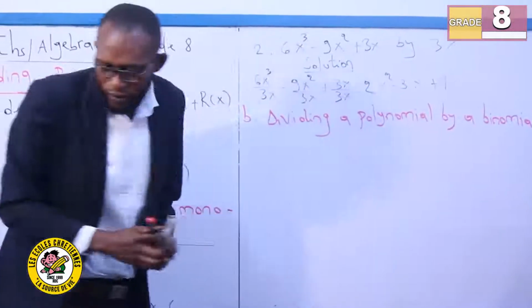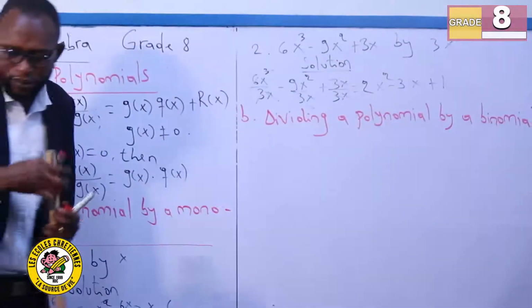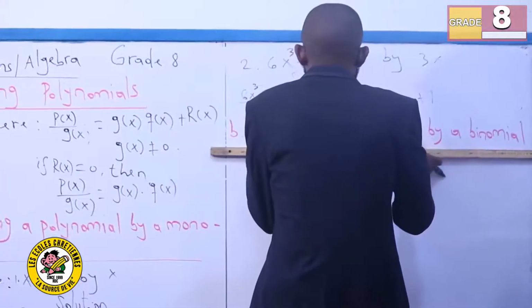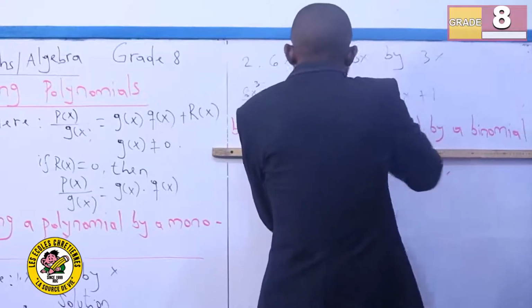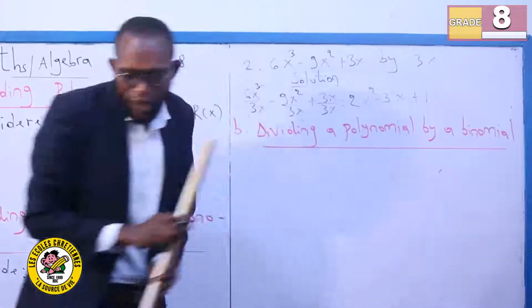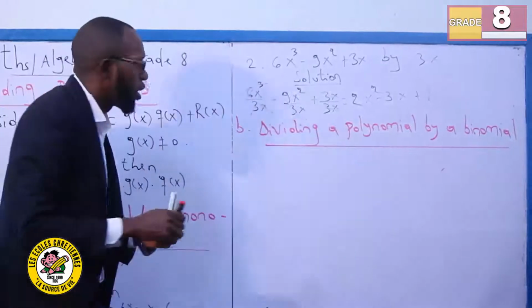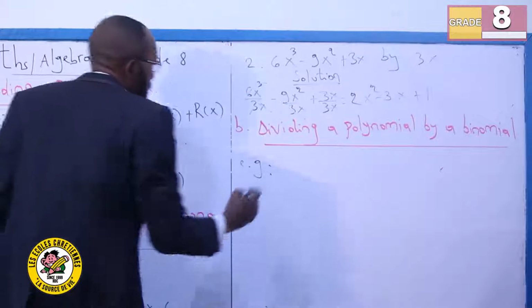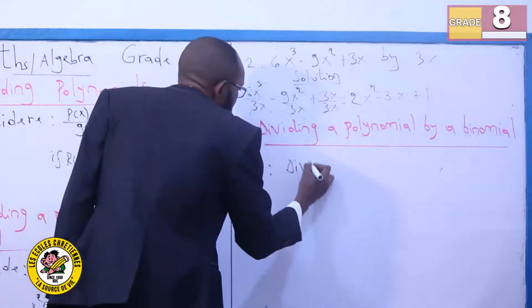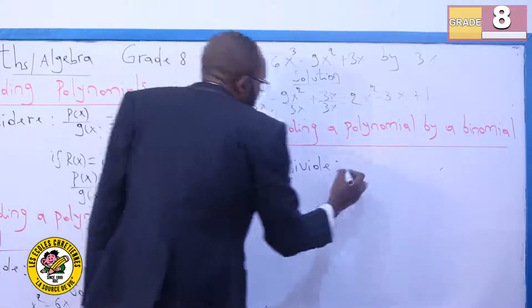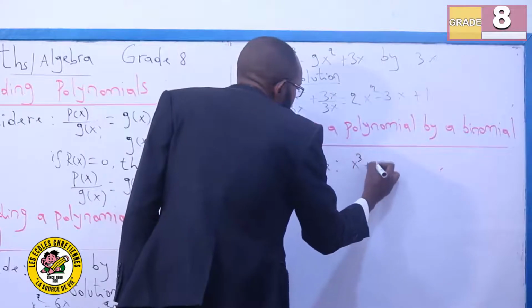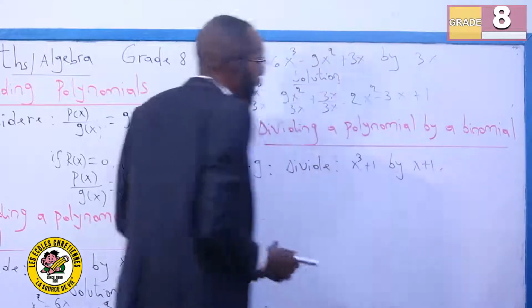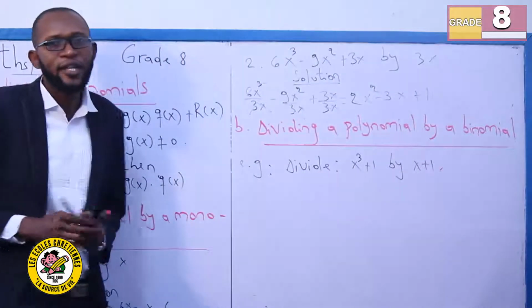I will give you an example so that you can comprehend very well. Example 1: divide x cubed plus 1 by x plus 1. They want you to divide this.